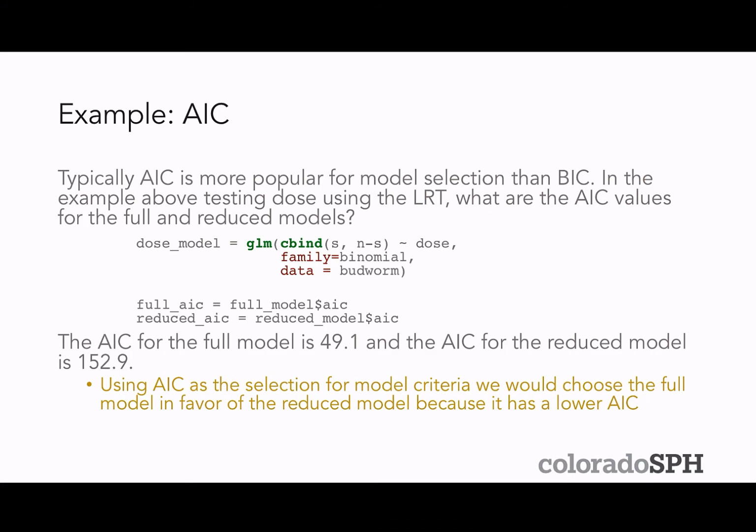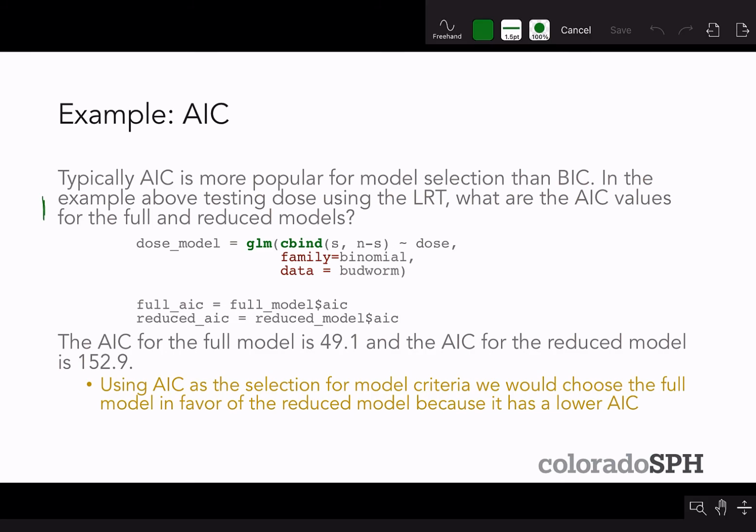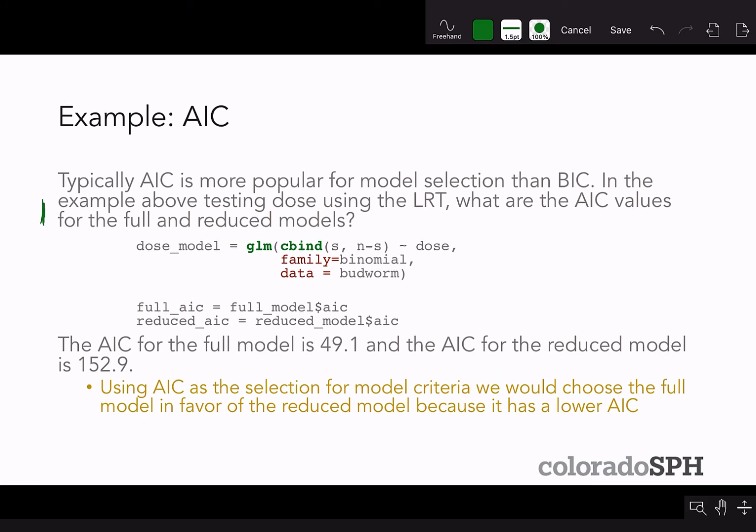So next we're going to talk about AIC. Typically AIC and BIC are used in the same way, but they're just calculated differently. And AIC is more popular for model selection than BIC. So I'm going to use an example of that. First let's look at the AIC values for the two models that we looked at previously, the full and reduced model that we used for LRT.